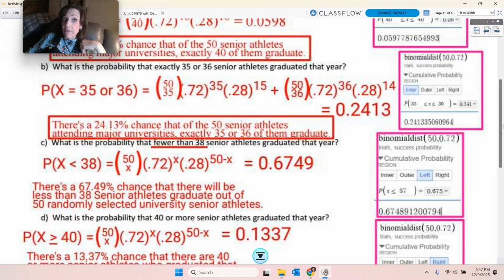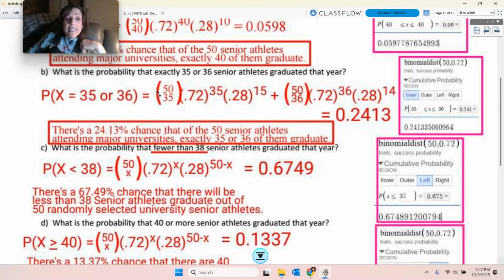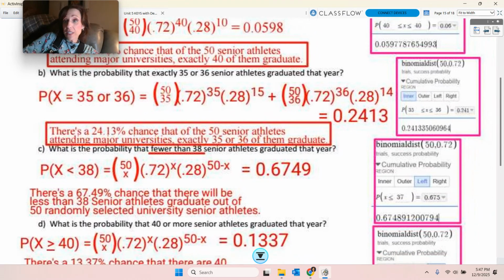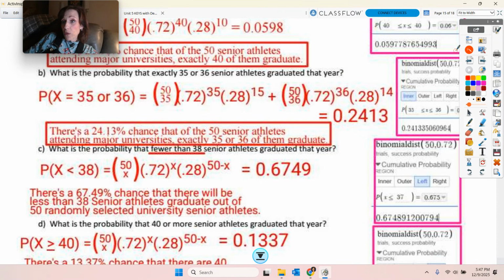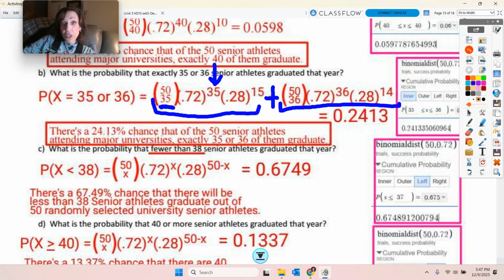So here we have 35 or 36. Well, it's easy enough on this one, so we want the successes to be 35 or 36. So we add those two separate sections together. So notice here, let me get over here and get my writing tool. We've got the 35 successes, which gave me 15 failures, so that's my plus, and then I have 36 successes, which was 14 failures.